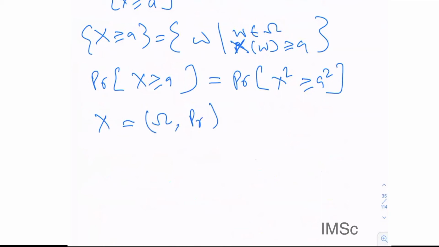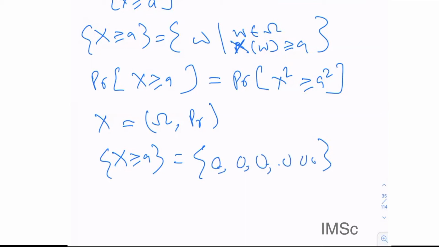So when I say x is greater than or equal to a, as I wrote above, it is some set of points in omega, and we are in the world of discrete. So you sum these points' probabilities to get the probability that x is greater than or equal to a.